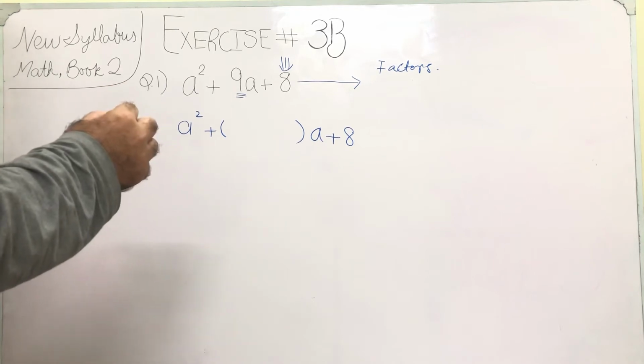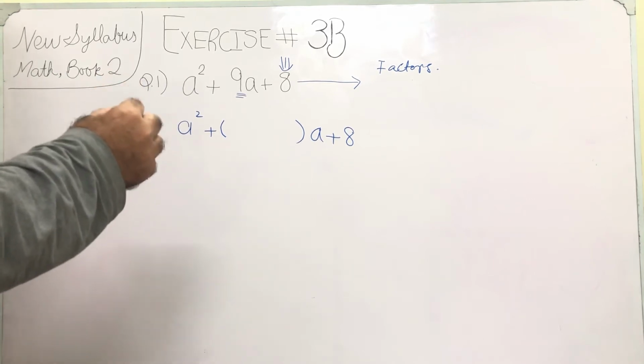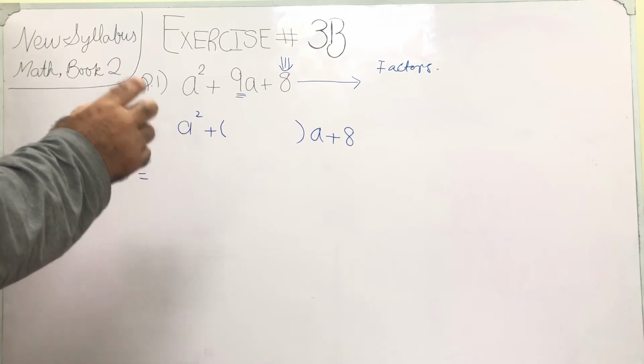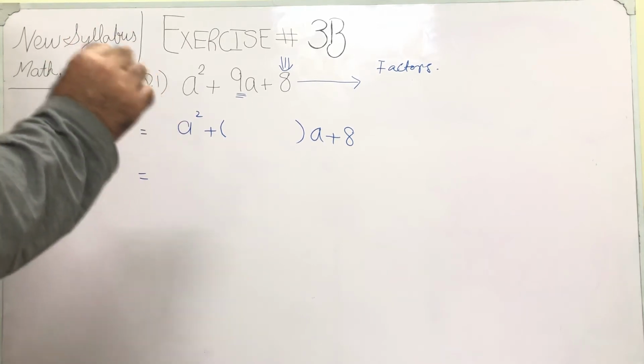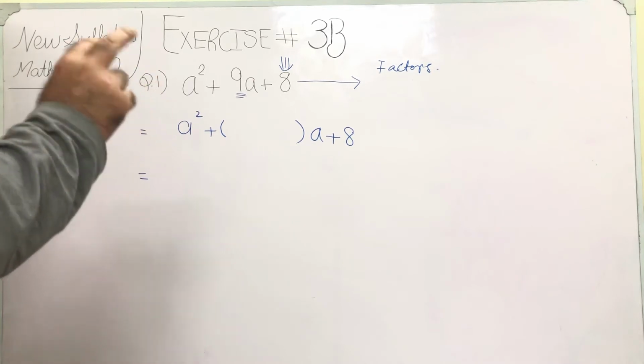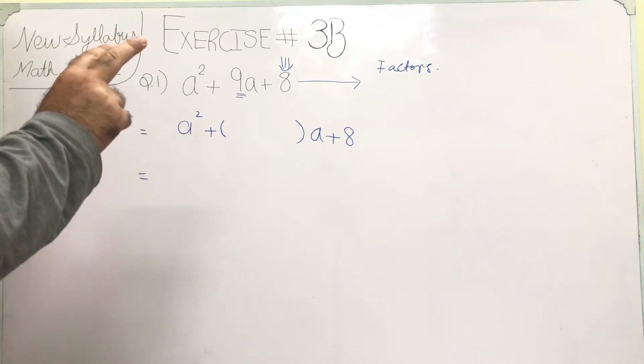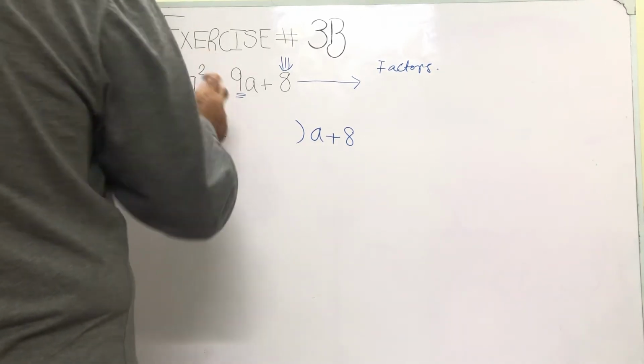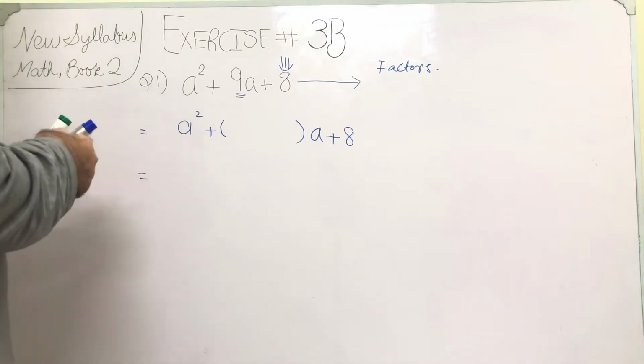Once we make the factors, then what to do? We need to either add or subtract the pair of factors so that we get this number. How? We'll try to understand.